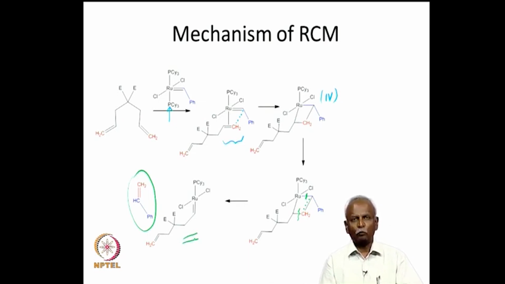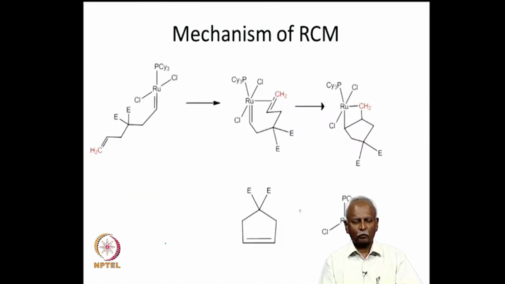I have an alkylidene group which can now carry out another metathesis reaction, now with this olefin which is attached to the same molecule. So, an alkylidene group which has got an alkene inside as an internal reactant turns out to be a very fast reaction, and that is what we have written here. Now, we move this CH2 double bond to this position. If you move it to this position, then you end up with a cyclic intermediate, and this cyclic intermediate once again forms a bond.